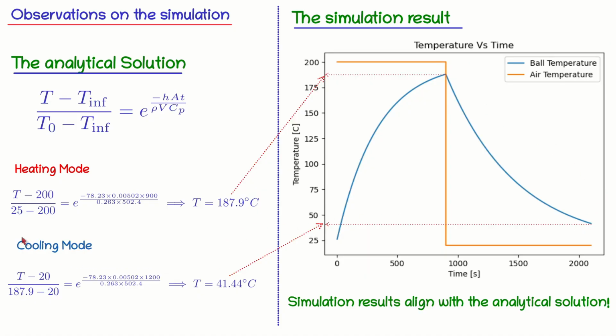Similarly, once we set up the values for cooling mode, where our initial temperature is what we got from here, and we calculate the time period of 1200 for cooling, we will finally get the temperature value of 41.44, which also is very close to what we saw earlier from our simulation.